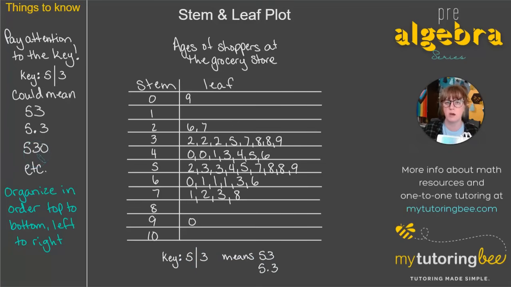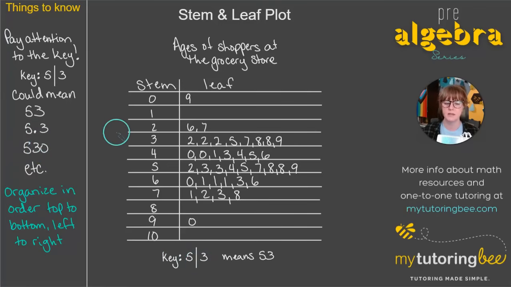So again, the 5 would be the hundreds place and the 3 would be the tens place. Also, a good clue is to look at the title of the plot. This one says ages of shoppers at the grocery store. So decimals like 5.3 or 530, those don't really make sense for this particular set of data. However, we do still want to always look at that key.